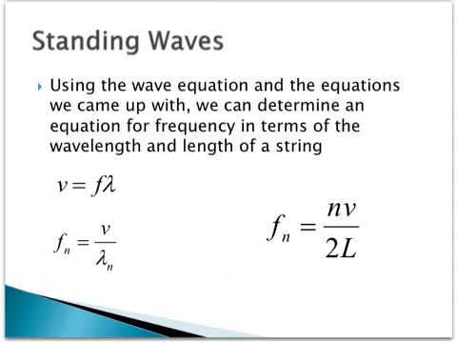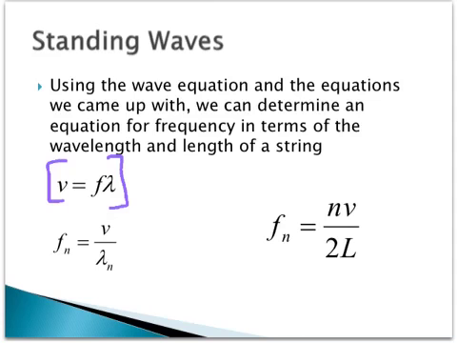This slide is showing you, given the wave equation, how we came up with that. Frequency is related to the velocity or speed of that wave divided by the wavelength. The speed is constant in that medium.